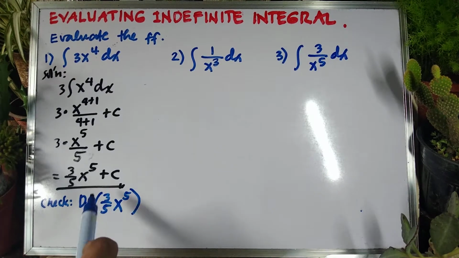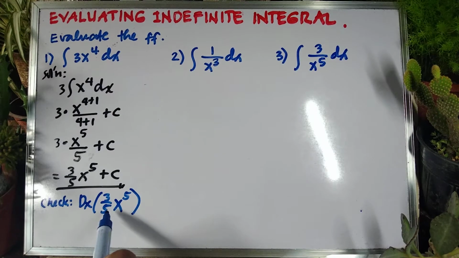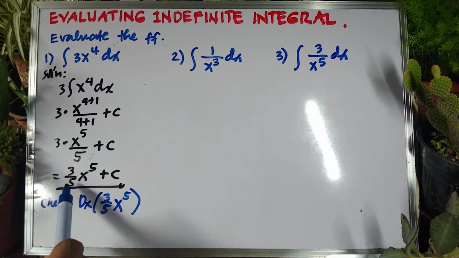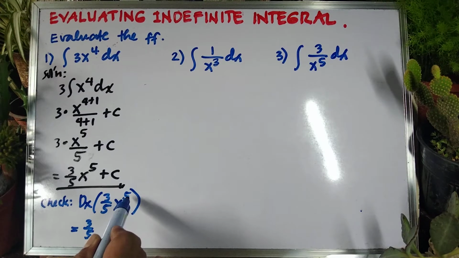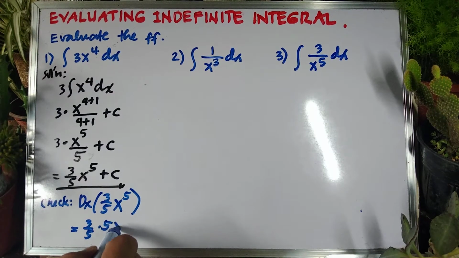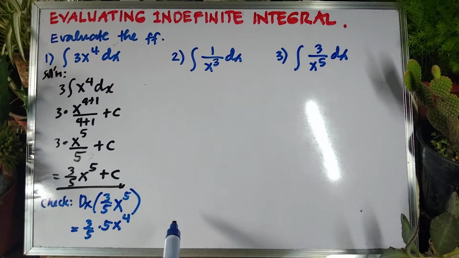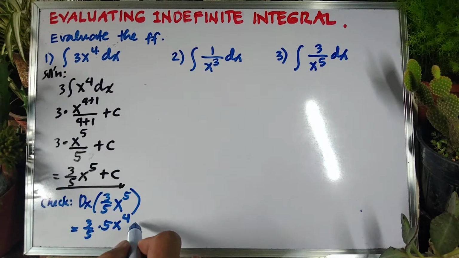Kukunin natin yung derivative nito, nung answer natin. So, derivative, you just copy the constant, 3 over 5. Diba mag-minus tayo? So, we will write, derivative of x to the 5th is 5x to the 4. Correct? Kasi magma-minus tayo ng 1 sa exponent. So, simplify further.